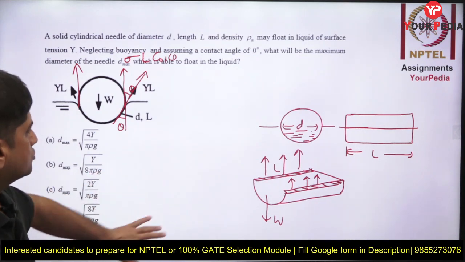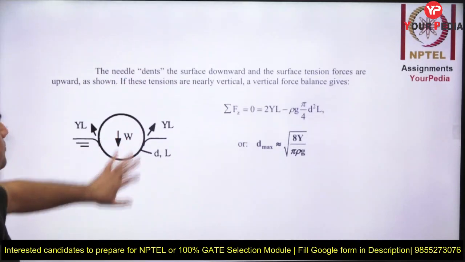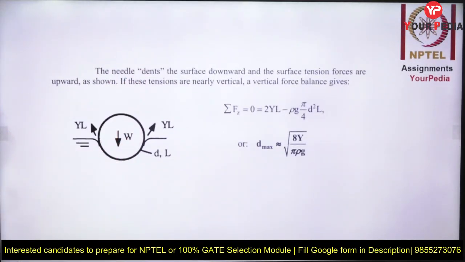That is the question. So let me now provide you the solution for this. Because theta is given as 0 degree, the surface tension force is almost vertical. So vertical force balance. What is the surface tension force? 2 sigma into L into cos 0, equals pi d square by 4, that is the area, into L, that is the volume, into rho g.